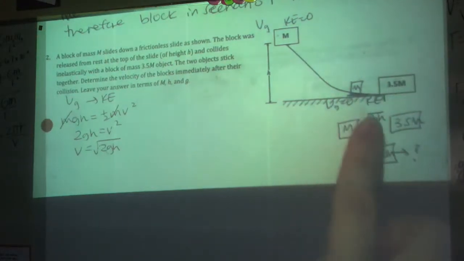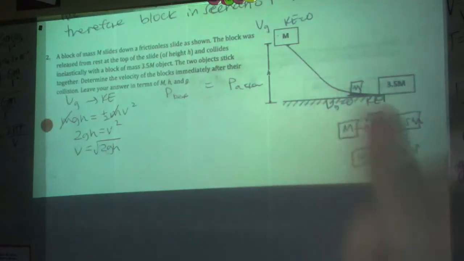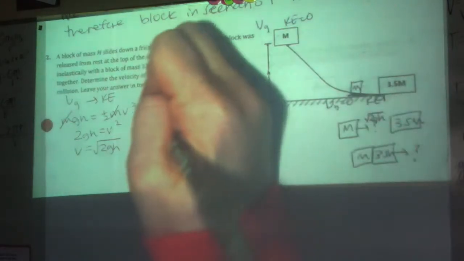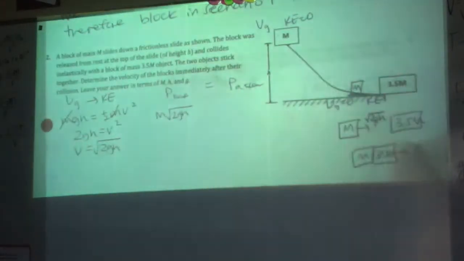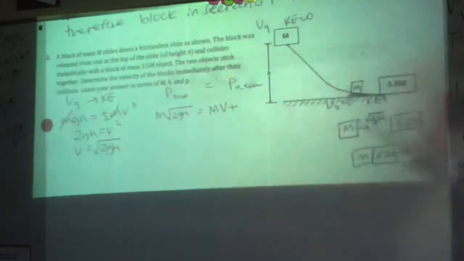Now if this one comes in, hits this one at rest, and they stick together, I'm looking for the final velocity of the two together. Well, momentum is conserved, so momentum before has to equal momentum after. Before, this one's at rest, so it's just this mass times velocity, which looks weird, but it's okay, because our velocity is square root of 2gh. And then that is going to go into m moving at some velocity v plus 3.5m moving at some velocity v.